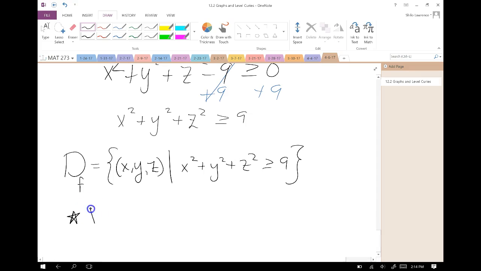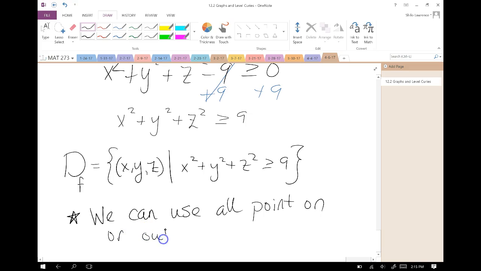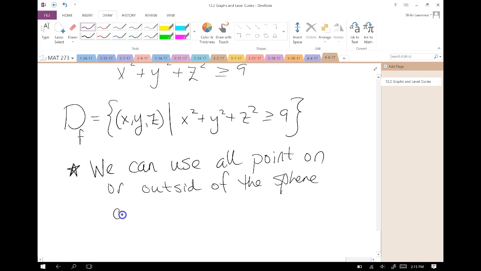So we can use all points on or outside of the sphere centered at the origin with radius 3.